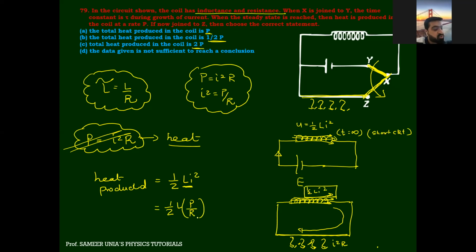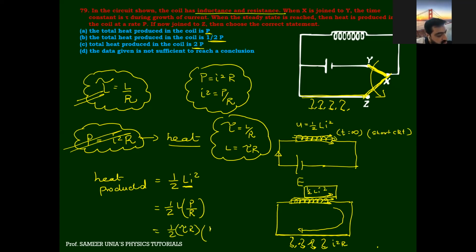And what is tau? Tau is L by R. So what is L equal to? Tau R. Can I say L will become equal to tau into R? P by R cancel. Half P tau is the heat produced.